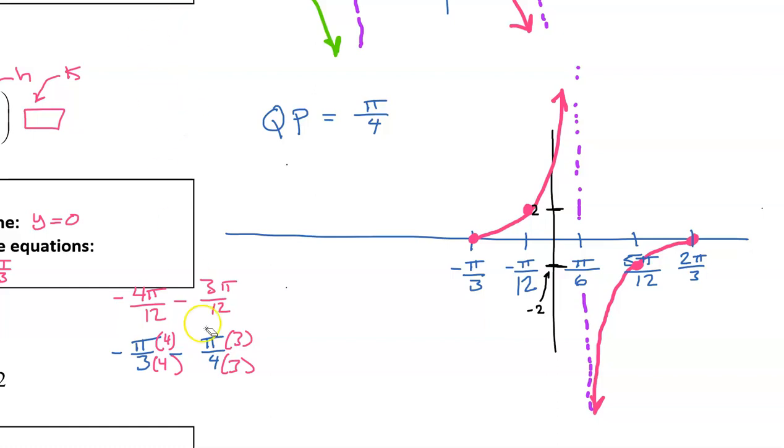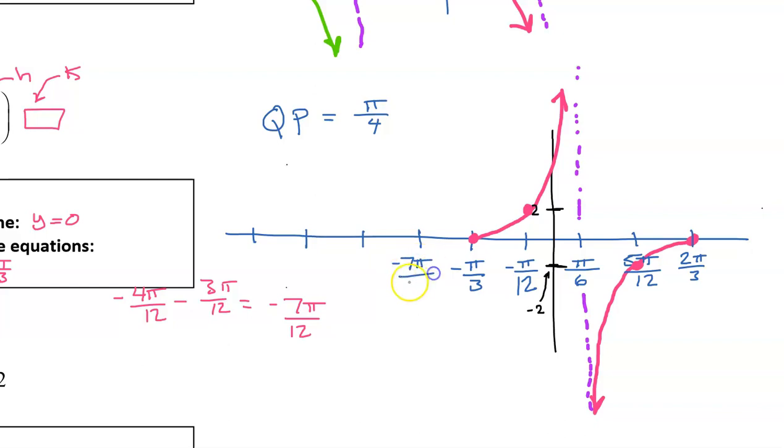Okay, so let's just stick with this. And if you do that subtraction, you are going to get negative 7 pi over 12. We are subtracting because we are finding the values going to the left. So let's count our 4 spaces: 1, 2, 3, 4. So our next quarter period over is at negative 7 pi over 12.